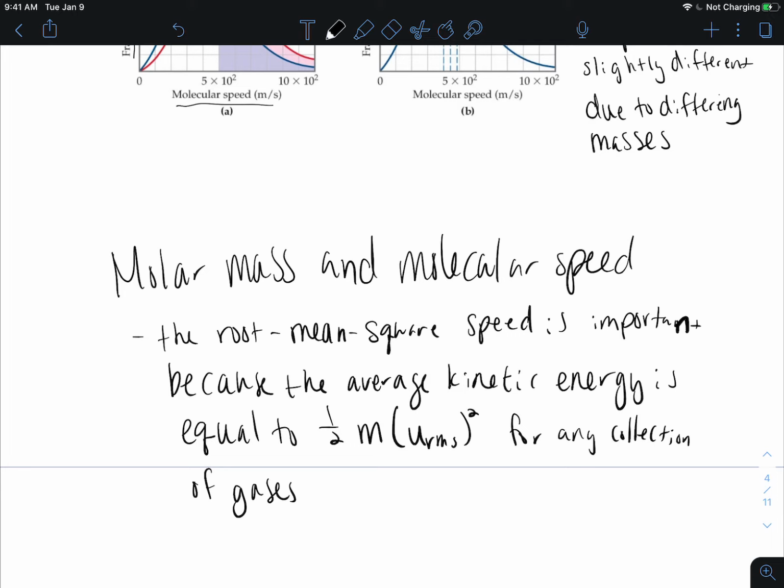So we can use our root mean square speed and actually solve for our kinetic energy.